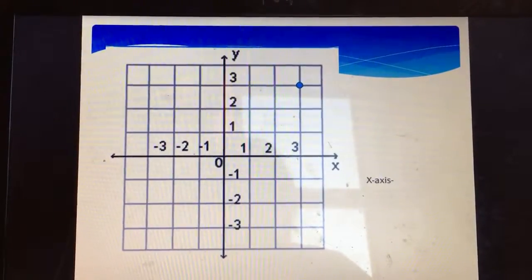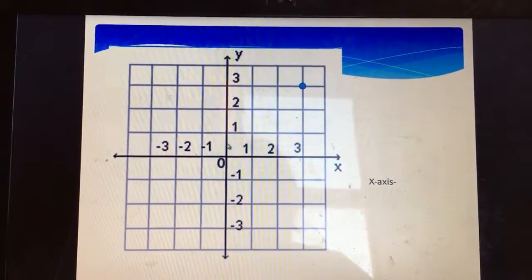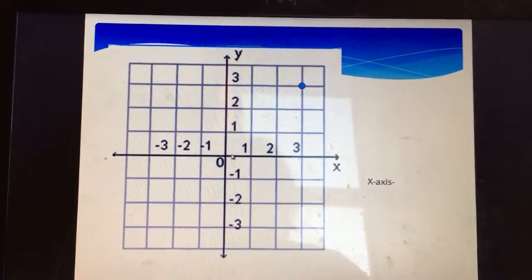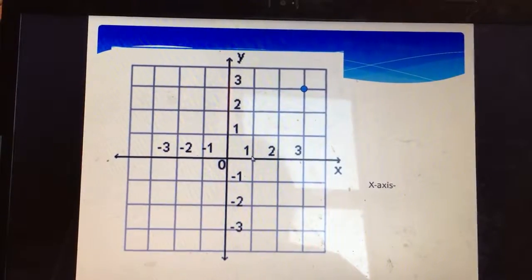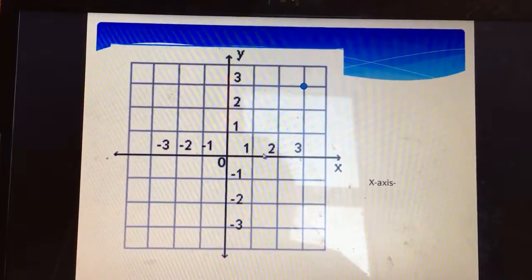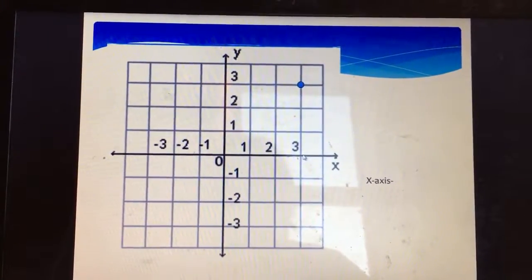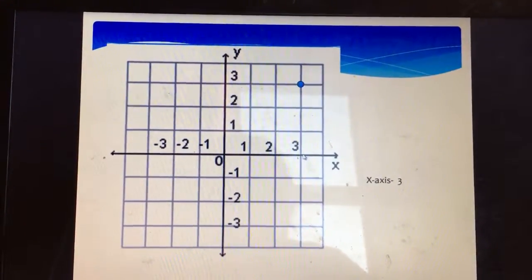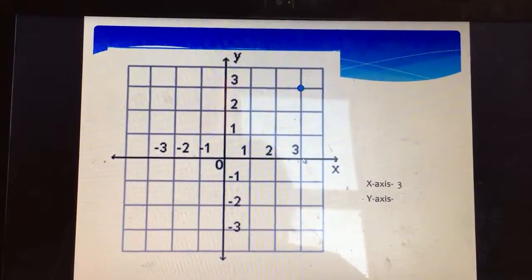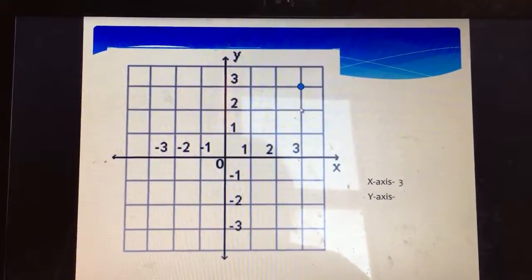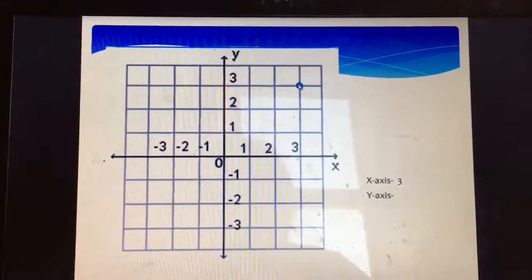The x-axis, if we start at the origin, which would be 0, 0, we would go over and we can see that we're going up in increments of 1. It would be 1, 2, 3. So our x-axis would be 3. And then if we wanted to find our y-axis, we would start counting up. 1, 2, 3.